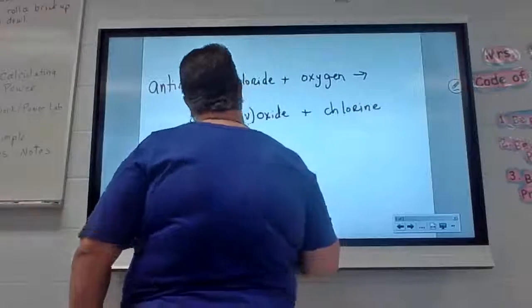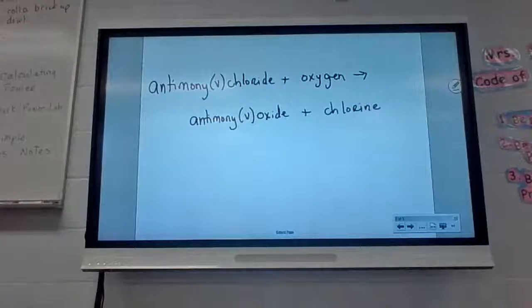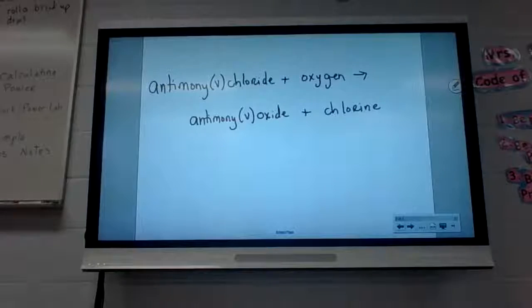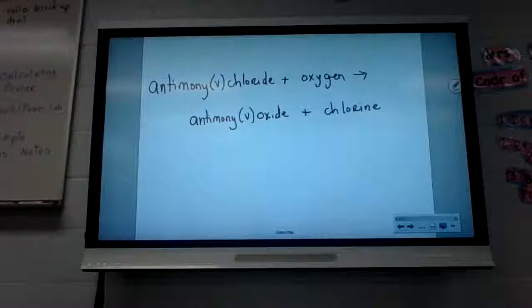All right, that's our word equation. And we're going to translate that to symbols. Now, this word equation is a combination of compounds and elements. Okay, we have both.